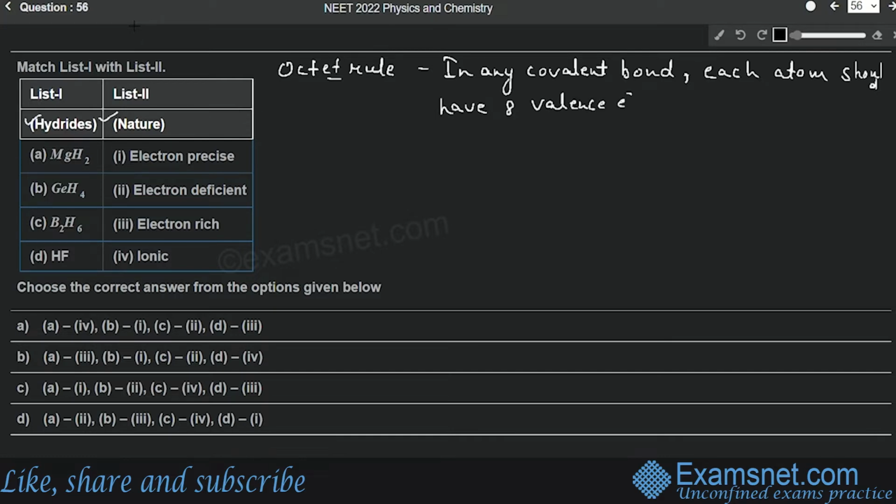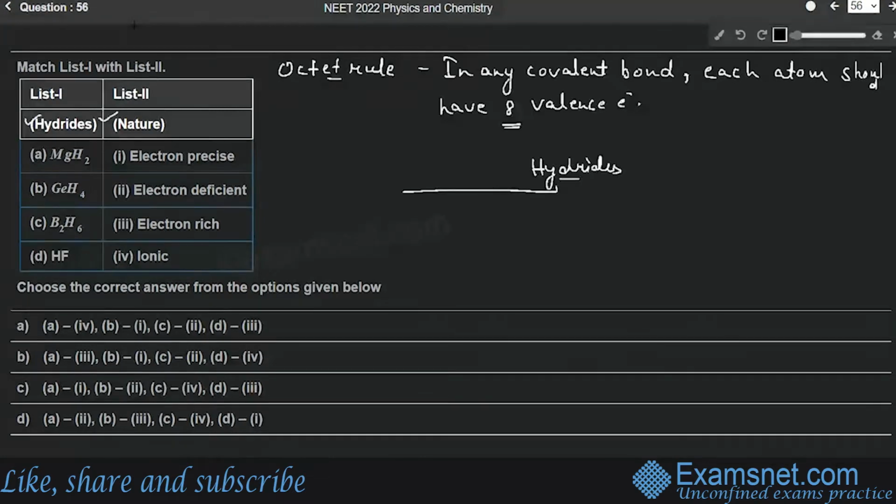Now, the atoms which have less than 8 valence electrons will be known as electron deficient, while those having more than 8 valence electrons will be electron rich in nature, and the atoms having exactly 8 valence electrons will be electron precise.